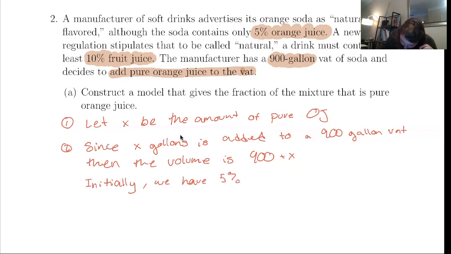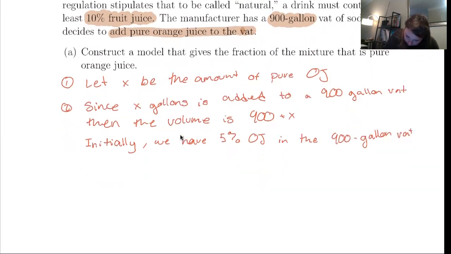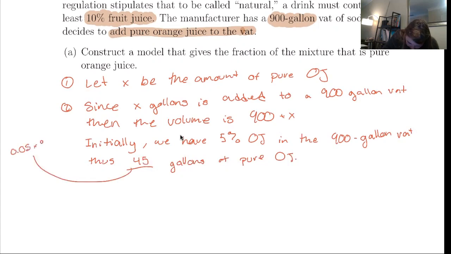So how much OJ is in the original 900 gallons? Yeah, 5% of 900, which is going to give me 45 gallons, which is 0.05 times 900.